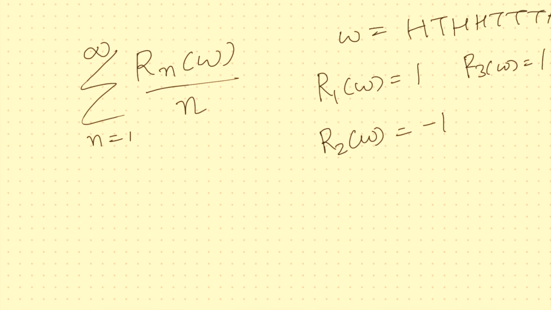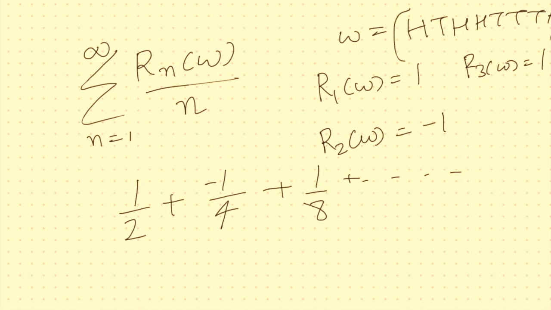All I'm doing is 1 by 2 plus 1 by 4, sorry, this is -1 plus 1 by 8, and different terms depending on this. The claim is that no matter what pattern you choose, this series will converge.